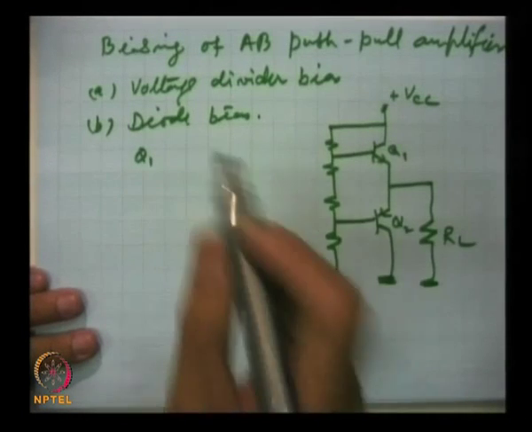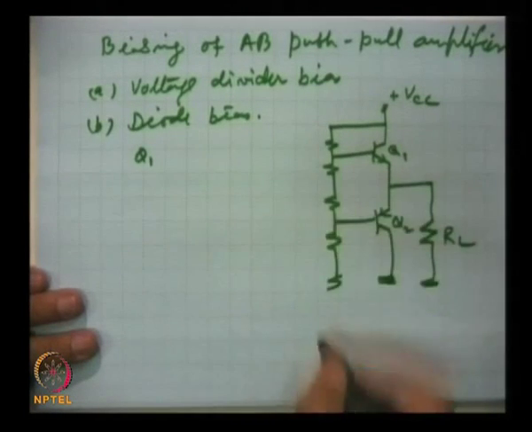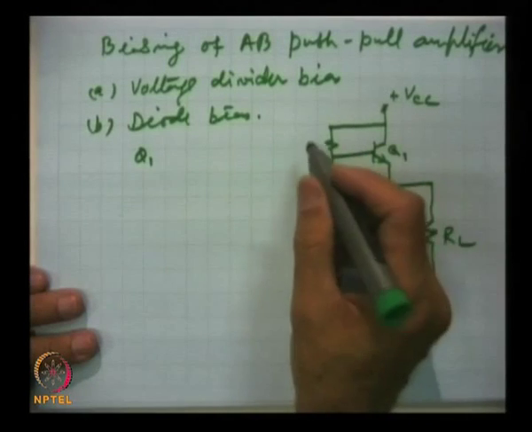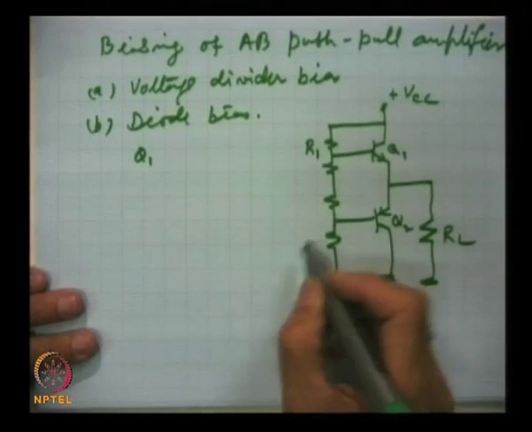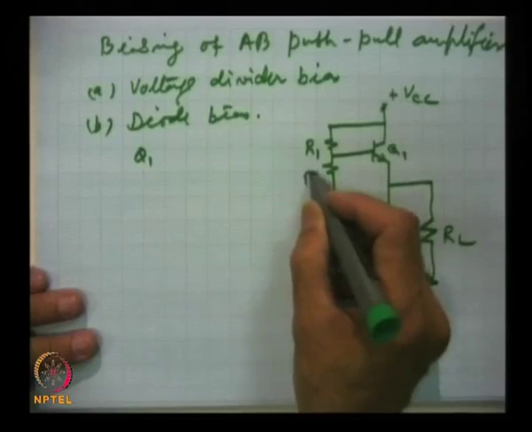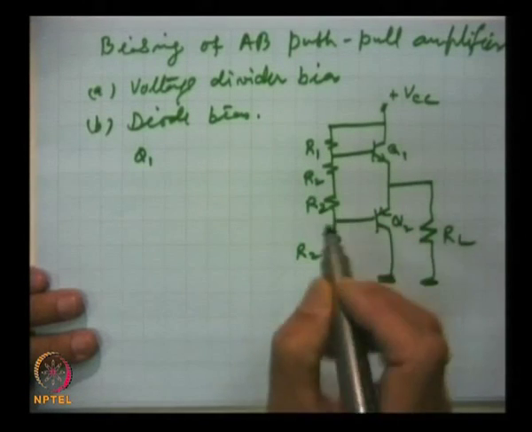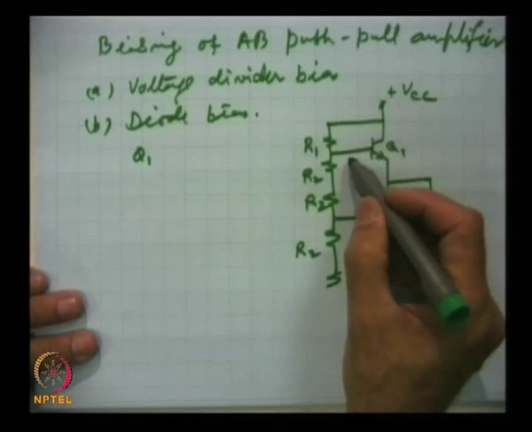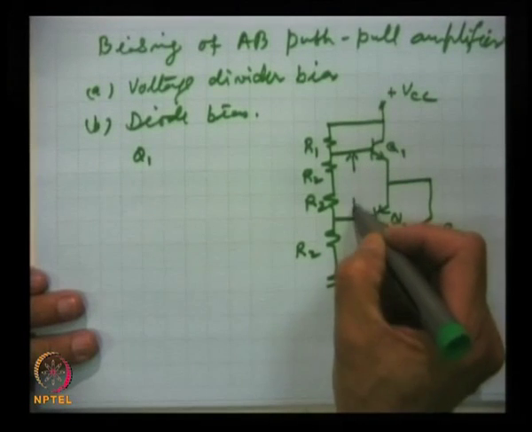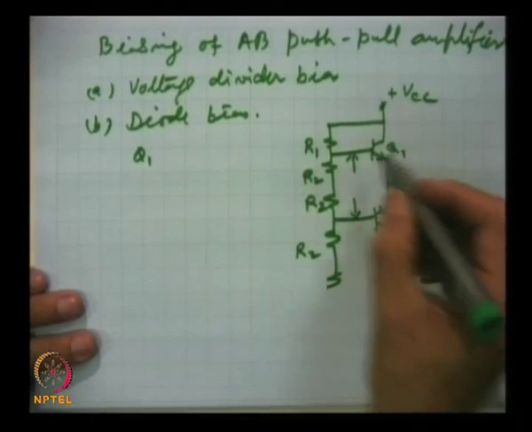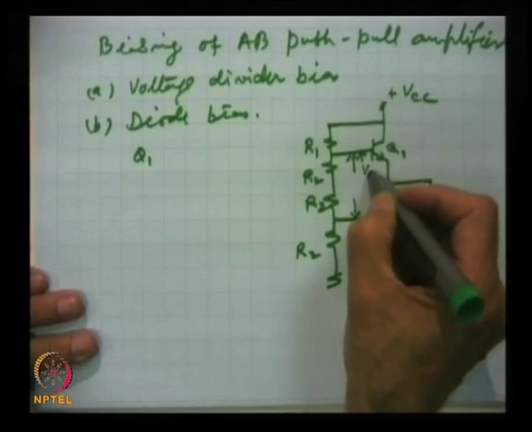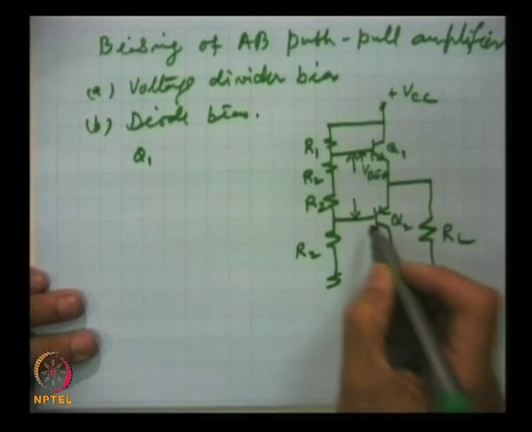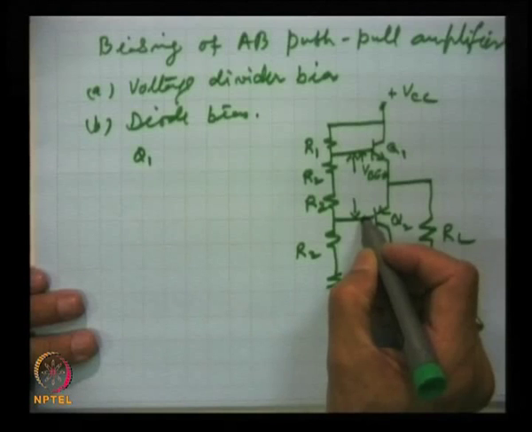Q1 is this, this is voltage divider bias, and here this resistance R1, this is also R1, this is R2, this is R2, and R1 and R2 have been chosen such that the voltage developed across here is VBE for this and VBE for this transistor.